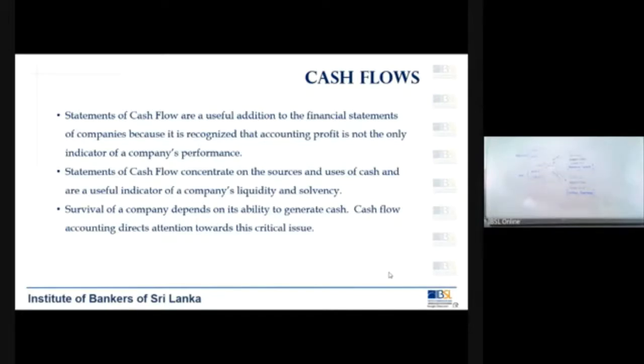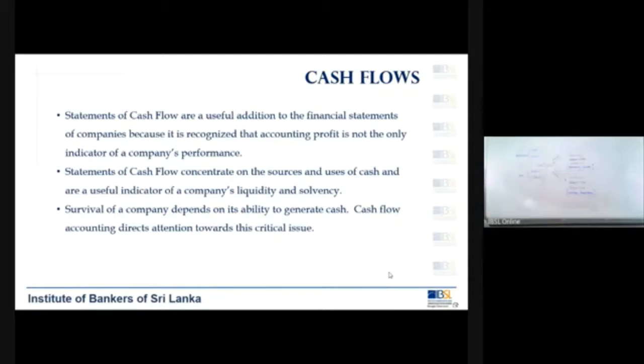Now look at this situation. You are incurring expenses, but no revenue. Ultimately, what will happen? You are at a loss situation. So this is the reason why most of the businesses today are struggling and about to be closed.